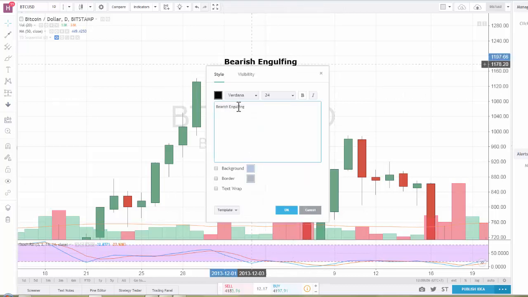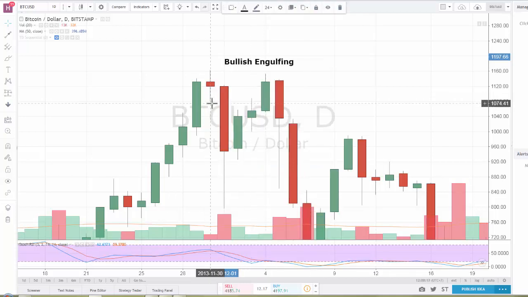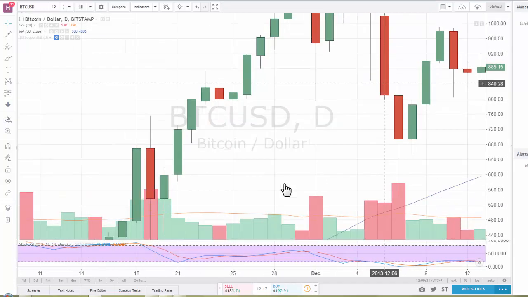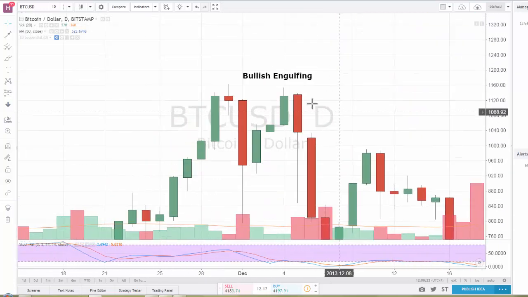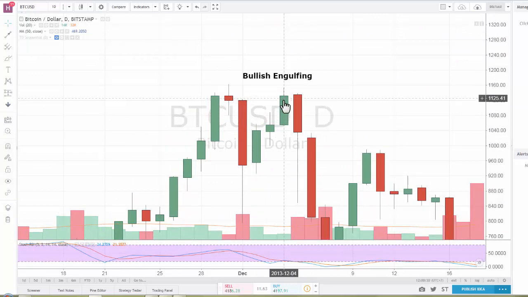The bullish engulfing would be exactly the same, but the other way around. We would be coming from a downtrend. I don't have any here, but you get the idea. You come from a downtrend, and the last candle is a big, nice red candle, and then the next candle will be a green candle, bigger than the previous red candle, and it's even better if it closes above the previous candle.